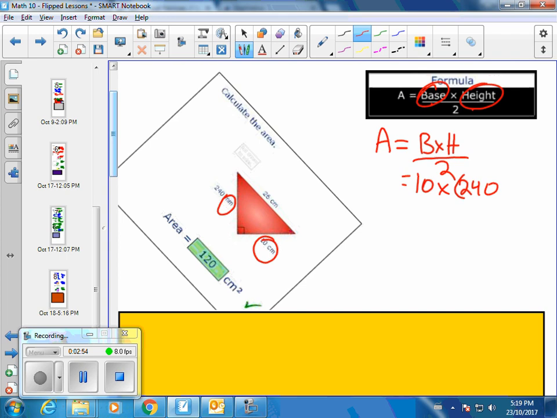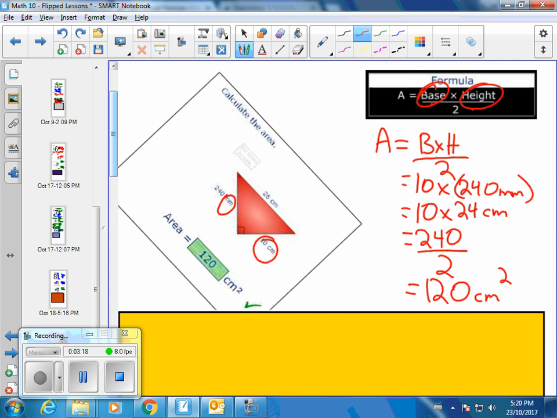So we have 10 centimeters, 240 millimeters, which actually winds up being 10 times 24 centimeters, which gives us 240, which we then divide by 2, which gives us an answer of 120 centimeters squared.